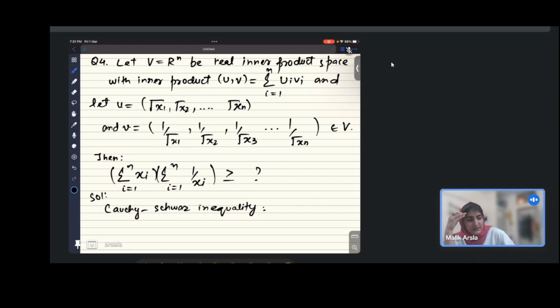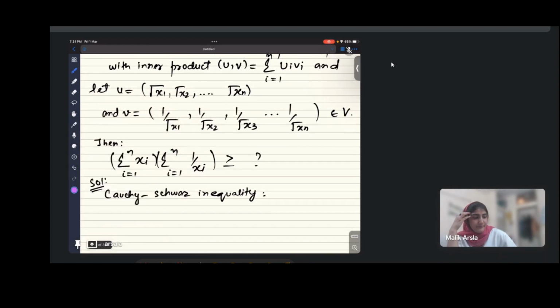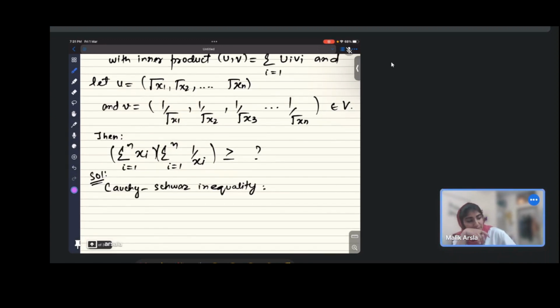Do you know what it says? It says that the inner product or dot product of two vectors is always less or equal to the norm of u vector times the norm of v vector.